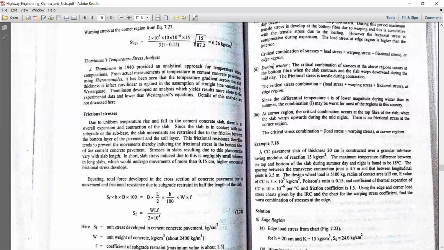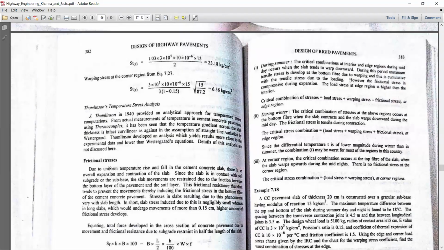During summer season, the critical combinations at interior and edge region during midday occur when the slab tends to warp downward. Just imagine it is summer and midday, in the sense the time between 12 to 3 o'clock.